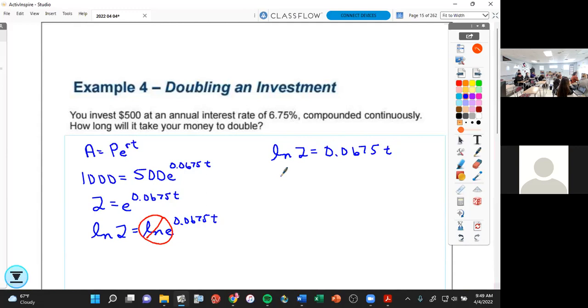Divide. So t equals natural log of 2 divided by 0.0675. That would be the exact answer, but that doesn't tell me anything. Okay, so using your handy dandy calculator, about how long is it going to take you to double your $500?